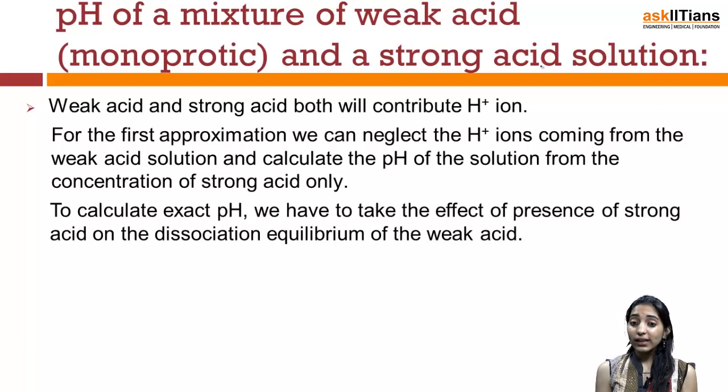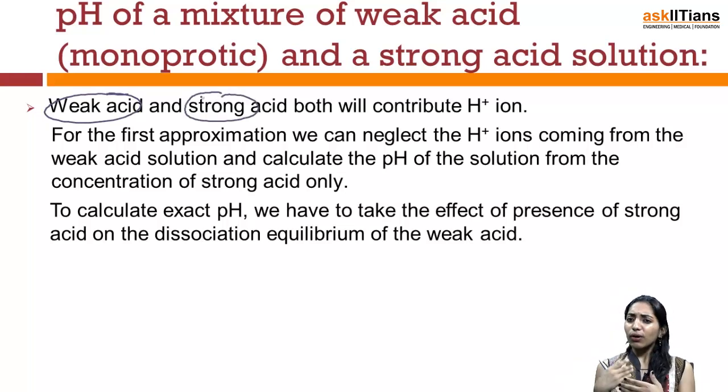Now, if I am talking about a weak acid and a strong acid, I can say that both the weak acid and the strong acid will be contributing H positive to the solution, because a strong acid will always get dissociated to H positive. And also a weak acid can also get dissociated to H positive.